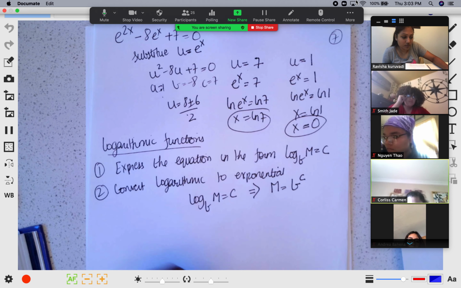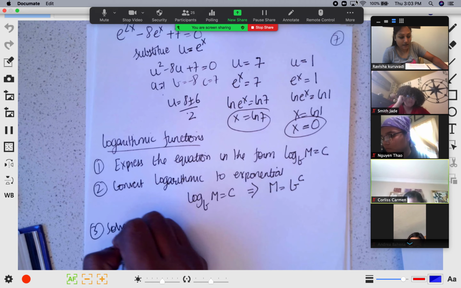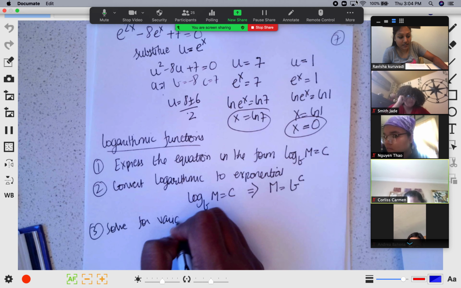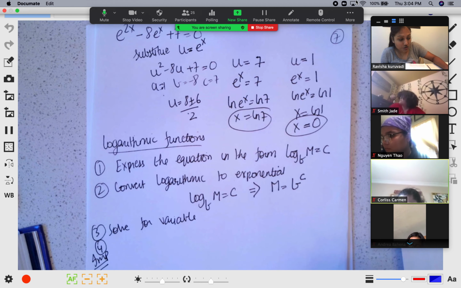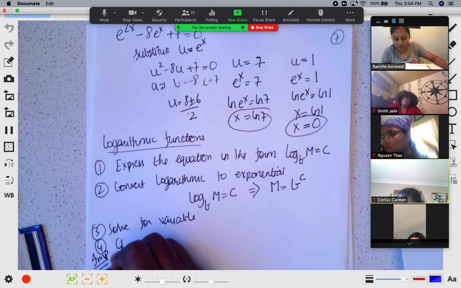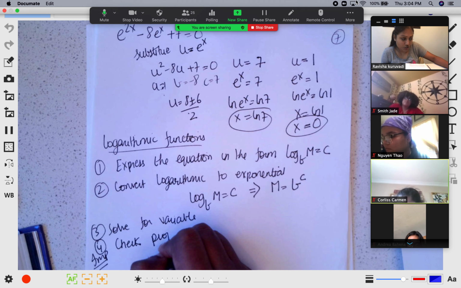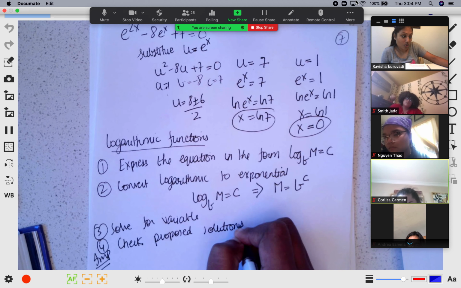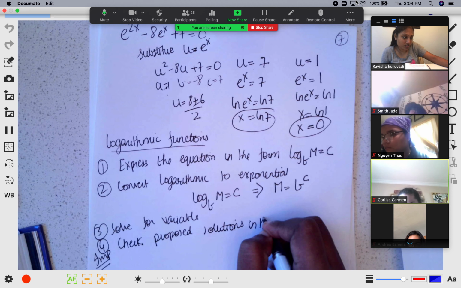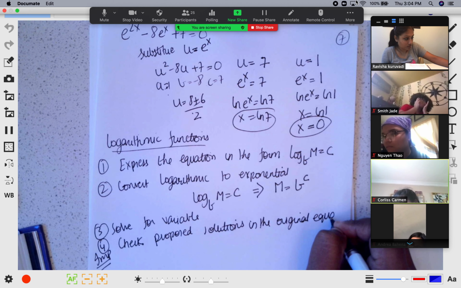Third, solve for the variable. And fourth, a very important step here, check proposed solutions in the original equation.